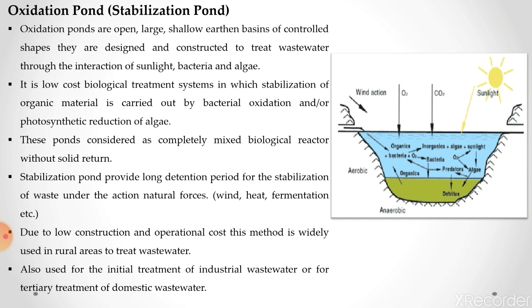So the stabilization pond requires a longer detention period, or we can say for a long period we have to retain the wastewater in such type of ponds. Due to the low construction and operational cost, this method is widely used in the rural areas to treat the wastewater. Also used for the initial treatment of industrial wastewater or for tertiary treatment of the domestic wastewater.